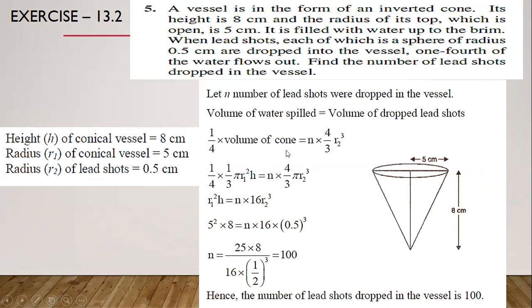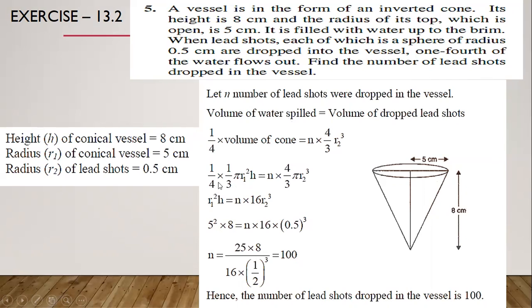So the volume of the cone, how much water is filled? 1/4. So 1/4 of the volume of the cone is the same as n times 4 by 3 pi r cube. What is 4 by 3 pi r cube? The volume of the sphere, which is the lead shot.